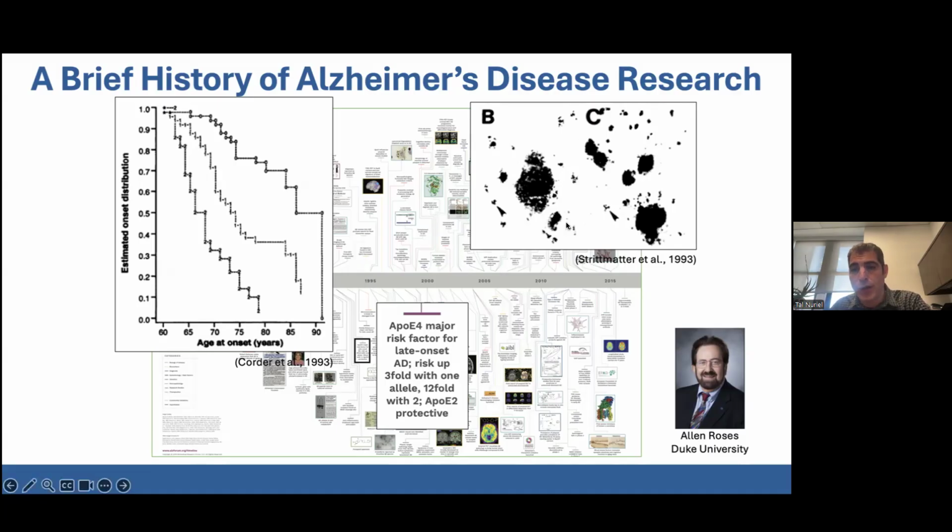And then he also discovered and published that he saw APOE4 as a component in these amyloid plaques, which gave some confidence to this discovery that APOE4 was doing something fundamental in this process.